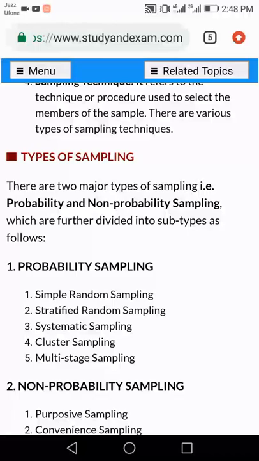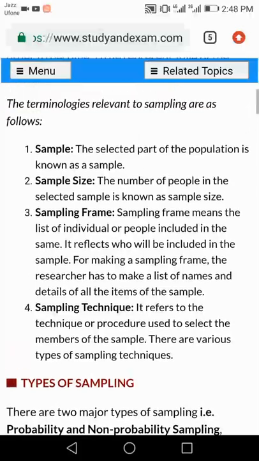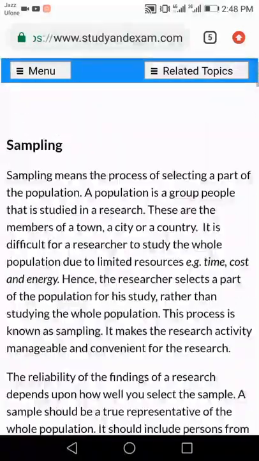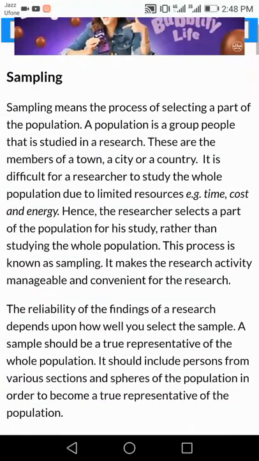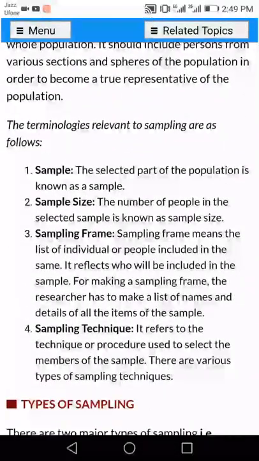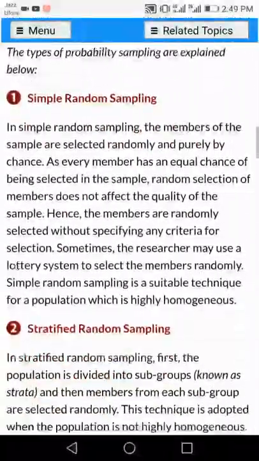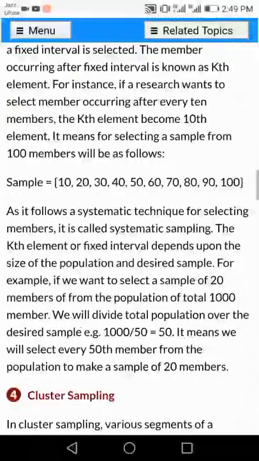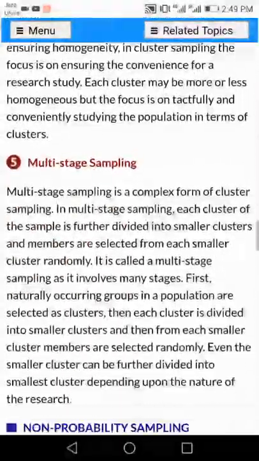Two major types of sampling are probability and non-probability. Probability has four classifications, but what is the difference between them? In probability sampling you can choose a group of sample randomly, but in non-probability sampling this method is not used. So here is the major difference between probability and non-probability sampling.